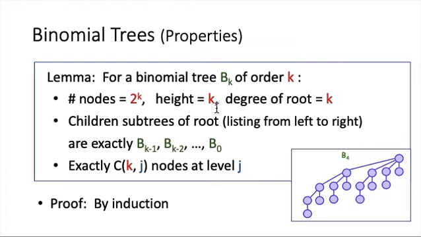Similarly, the height, which counts the number of edges here, of this tree is equal to k. From the root to the farthest away leaf, there are 1, 2, 3, 4 edges. So the height of Bk is equal to k. Again, this can be proven by induction.